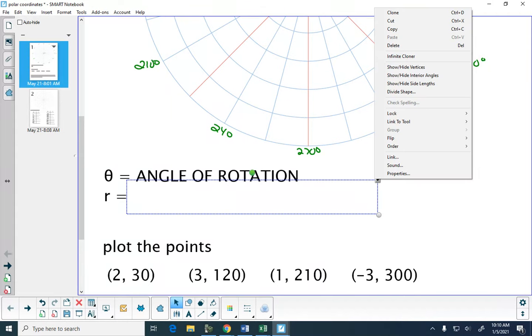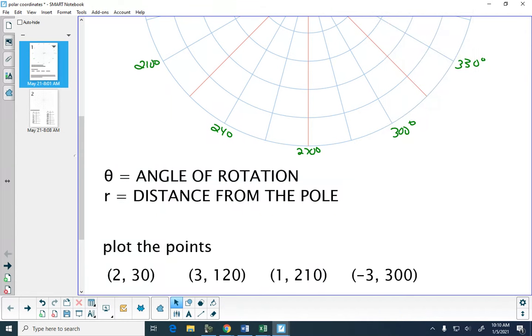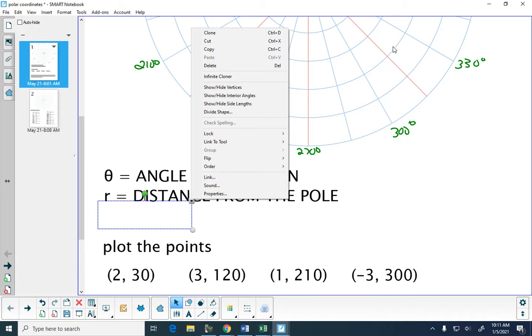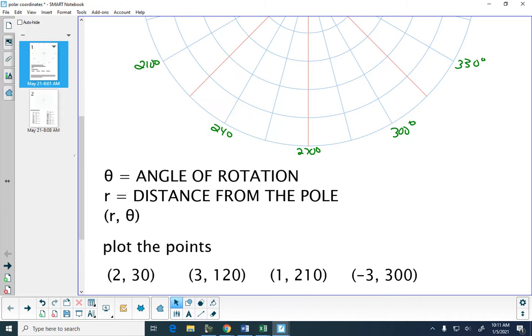This R value is your distance from the pole. How far are you away from the pole? So we have two values here. We have an angle of rotation, and then we have a distance from the pole, which would create an ordered pair. And this ordered pair is going to be r theta.